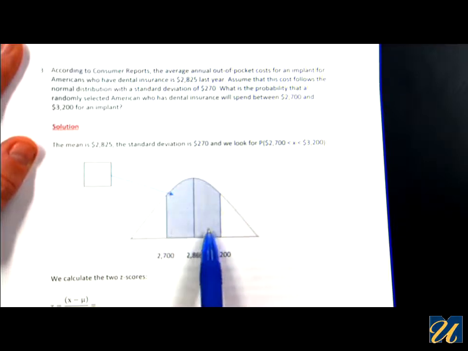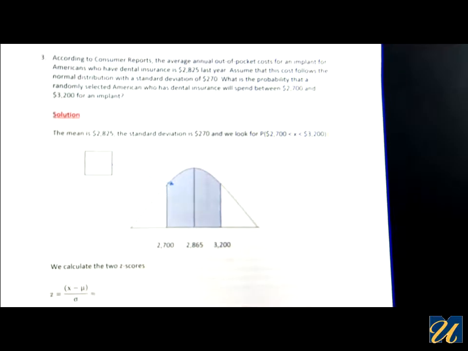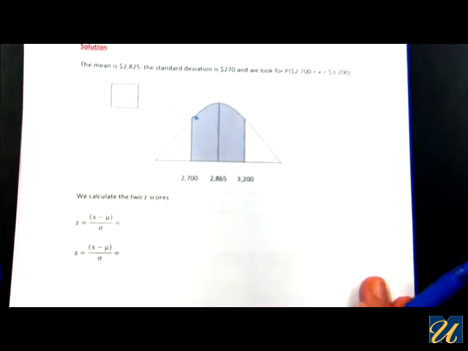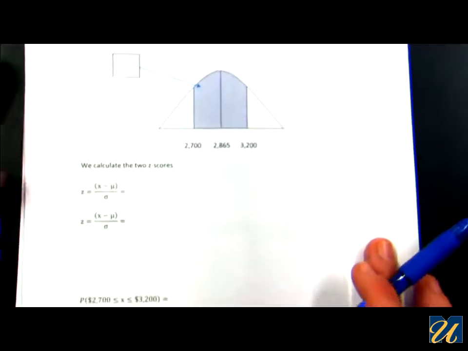Whenever we're looking for an area between two values where the mean is inside that area, always remember that at the end you will be adding the probabilities that you get from your table.